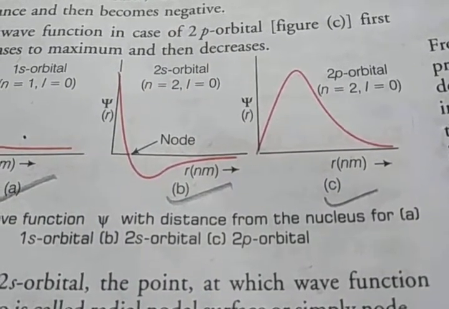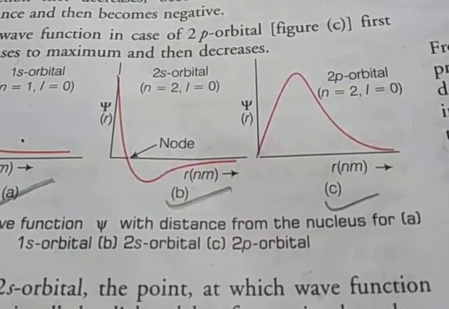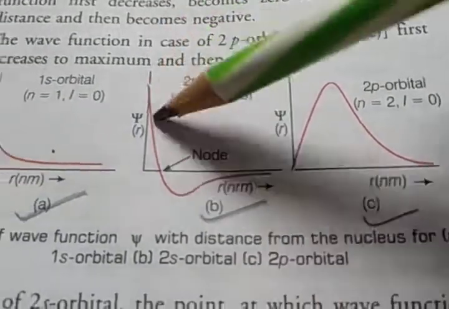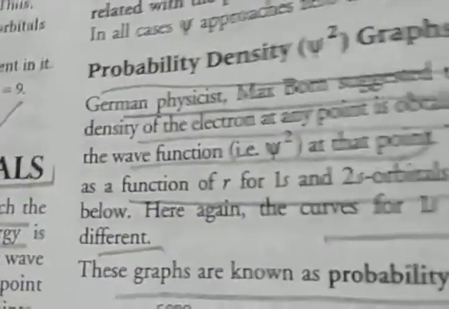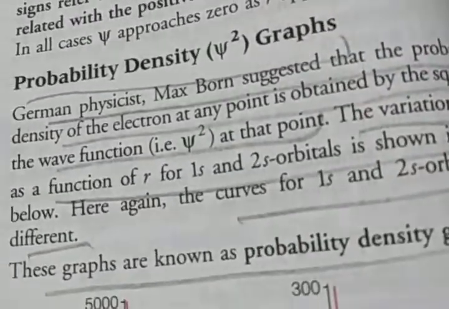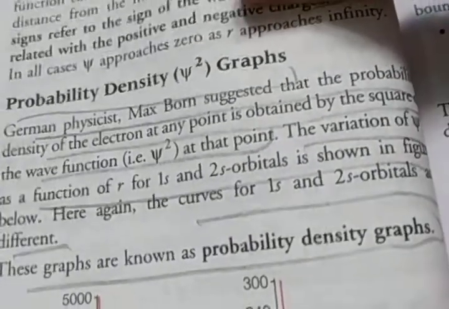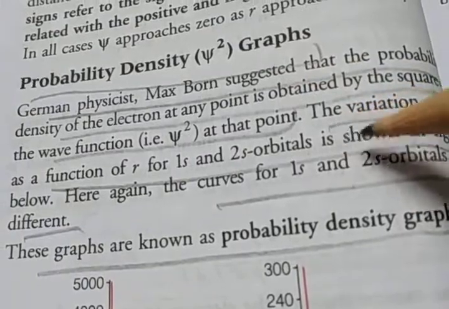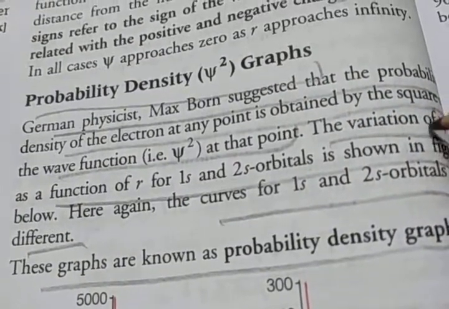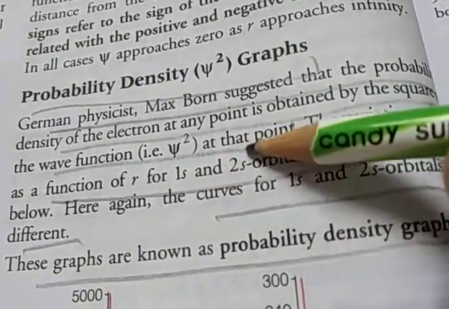The probability density graph is based on the radial wave function, represented by the German physicist Max Born. Max Born suggested that the probability density of the electron at any point is obtained by the square of the wave function, psi squared, at that point.